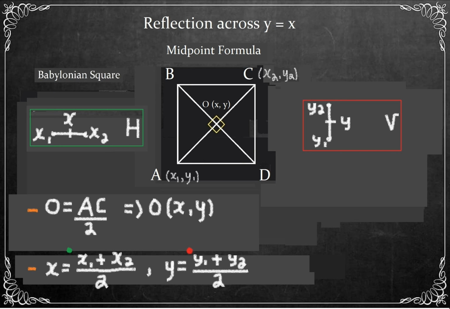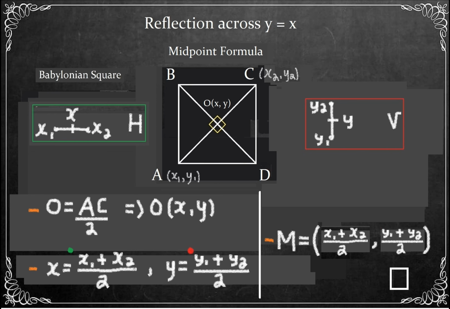A similar logic for the vertical distance can be applied to y. Thus, the midpoint formula is proven by the properties of a square's diagonals, expressed in the form capital M equals the coordinates shown.